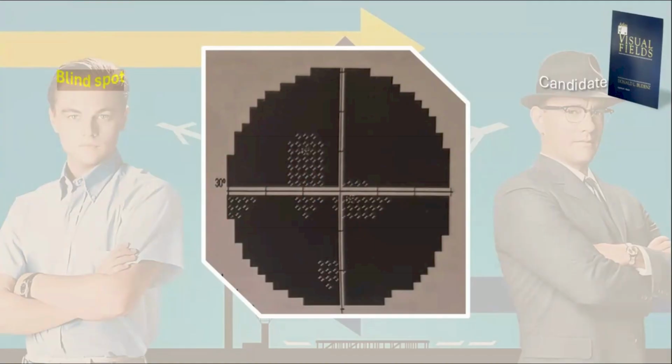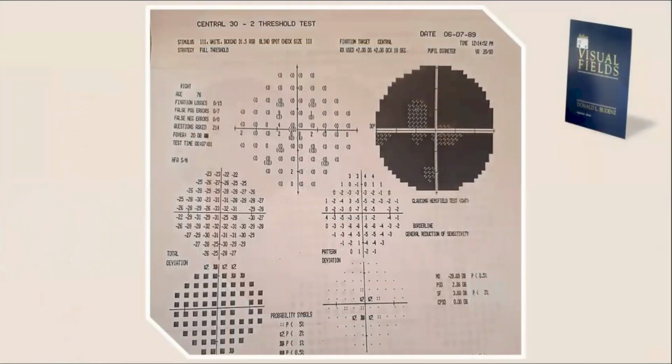Now the program here is 30-2. We have 30 degrees here and 30 degrees here. It is impossible to identify which visual field on this printout because it's totally opaque. Okay. However, if we see the full printout, definitely we'll know which visual field.